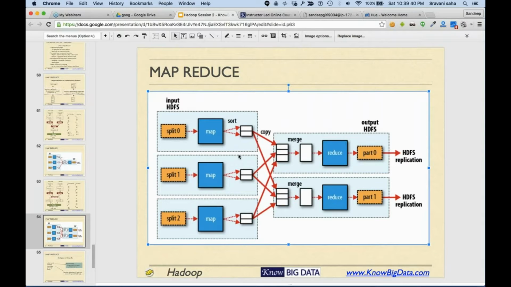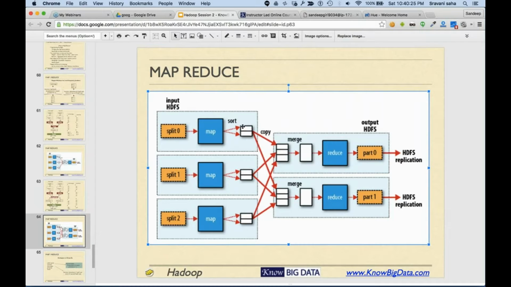Now the question here remains, on what basis does it do this? It's based on the hash code. The key gets converted into a number, and that number is divided by the number of reducer nodes, so that the remainder is always less than the total number of reducers, and that decides which reducer node gets called.